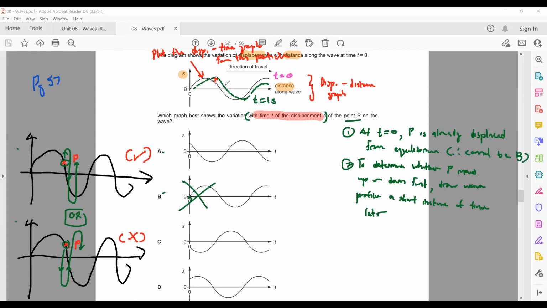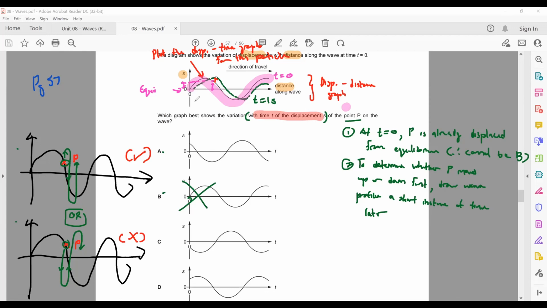Because you see at t equals to 0, my particle P has already been displaced from equilibrium position. This is the equilibrium. It's already gone up to here. So I should have a displacement already going upwards.